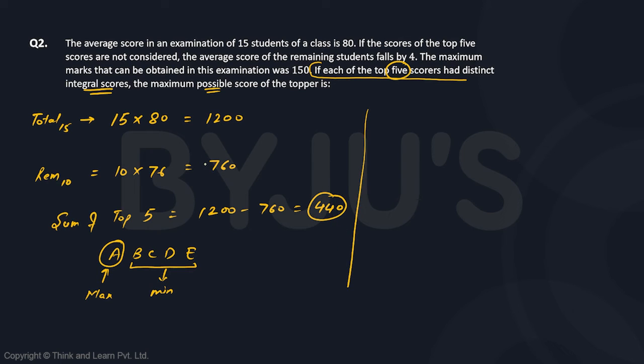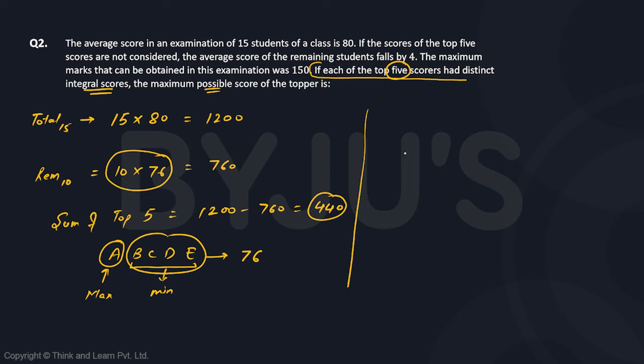All right, so we'll do that. Now, let's talk about the other 10. The other 10, they have the average of 76. So we can say that as the average of the bottom 10 students is 76, the minimum value of the score of any of these 4 students can be 76 only.